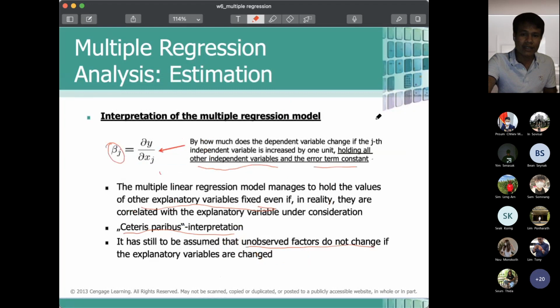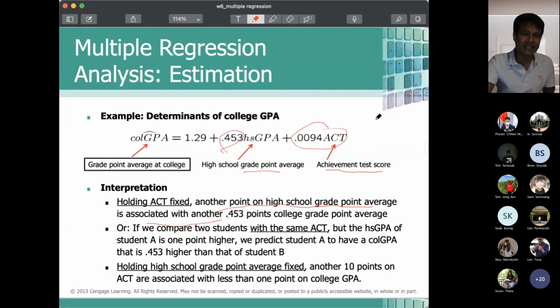So last week, we also discussed how to interpret multiple linear regression by holding all other explanatory variables included in the model fixed. All right. But again, with multiple linear regression, we still assume that the error term is fixed, which depends on zero conditional mean.